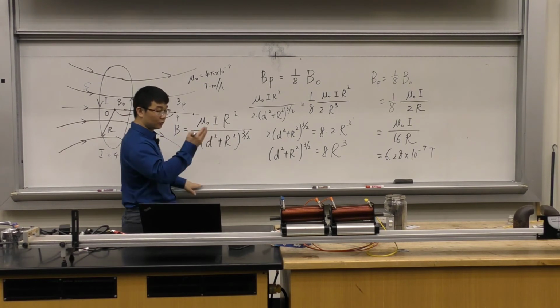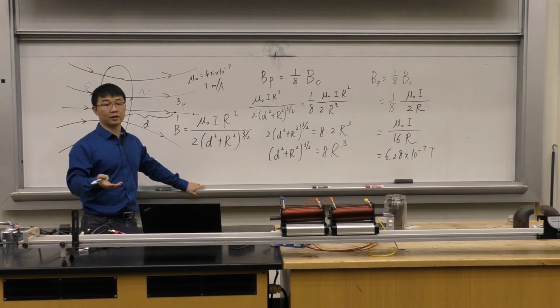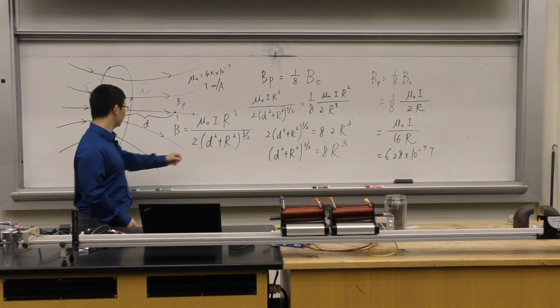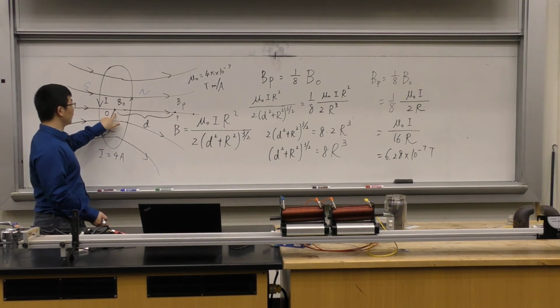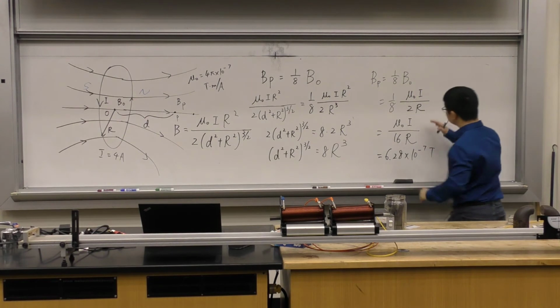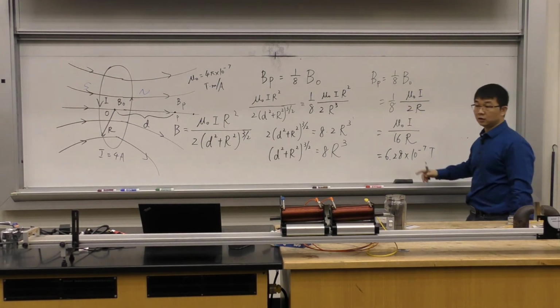Secondly, when the current goes up, it's more dangerous, and it's going to melt these wires very soon. Or you can make this d very small, but even if you make d 0 at the center, it's just going to be B0 times 8. Still a very small number.